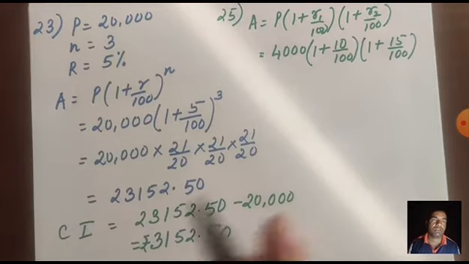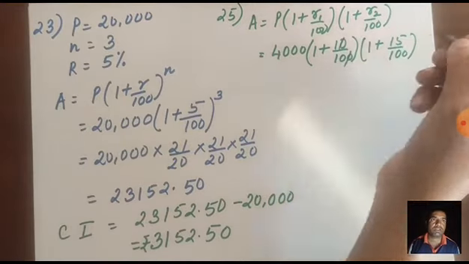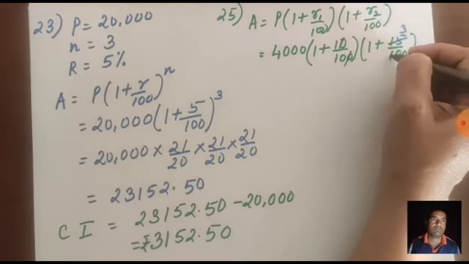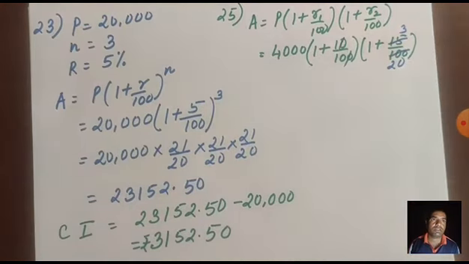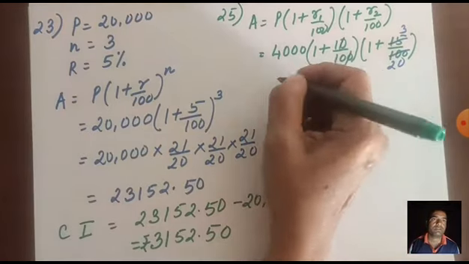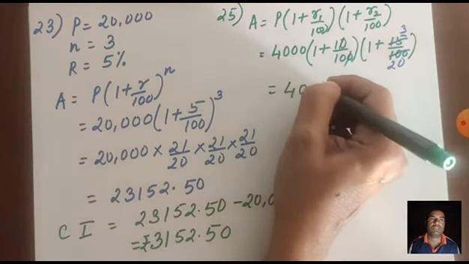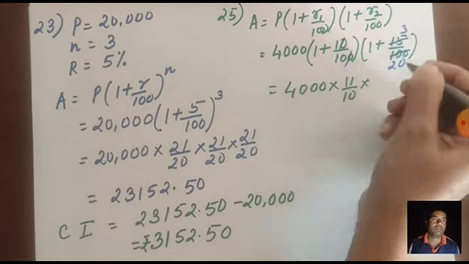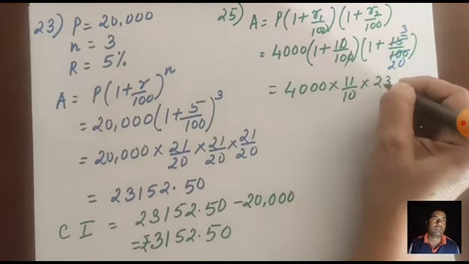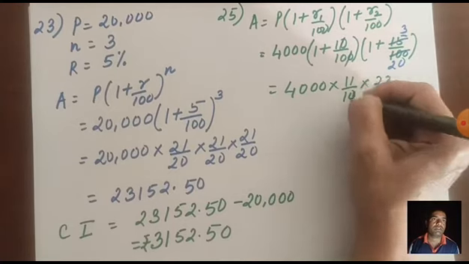After calculating, this 0 can be cancelled, and 5 3s are 15 by 20. Then we will get 4000 into 11 upon 10 into 23 upon 20.